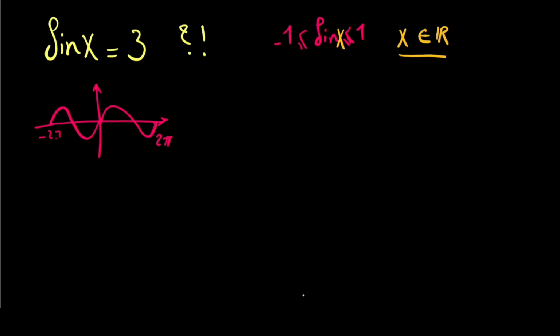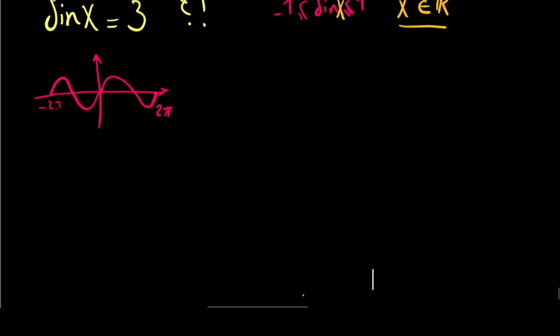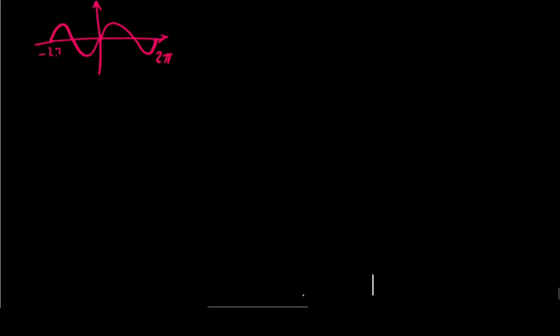So if x is a real number, the sin x will be between positive 1 and negative 1. But if you find the answer for sin x equals 3, x is a complex number, it couldn't be a real number. So let's solve our question.